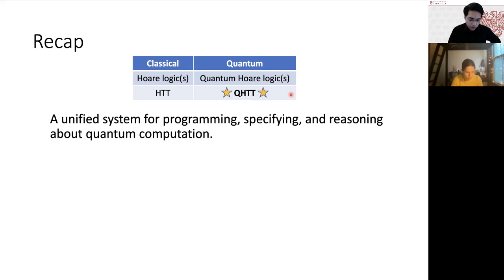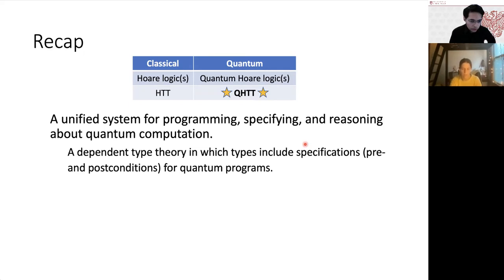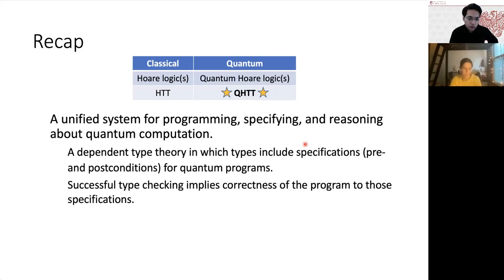And the general hope is that this can be a unified system where you can do both programming and specification of the programs, and also reasoning, as we saw above.